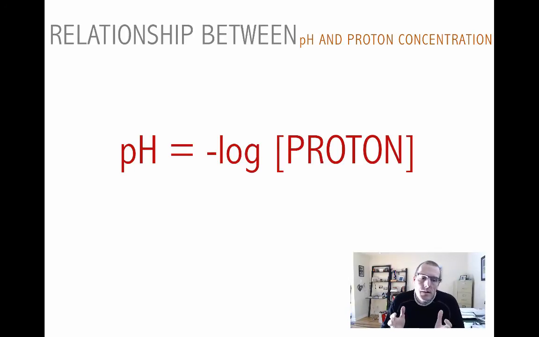If you take the log of 10 to the minus 10, that is minus 10, sorry. And negative minus 10 is 10, so the pH would be 10. So the proton concentration is 10 to the minus 10, you take the negative log of that, the pH will be 10. So learn how to use your calculator. You're going to have to do some of these problems on your quiz and probably in some of your homeworks.